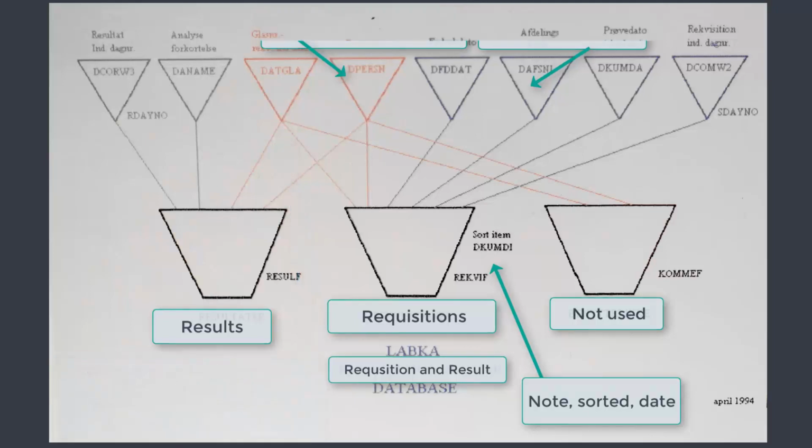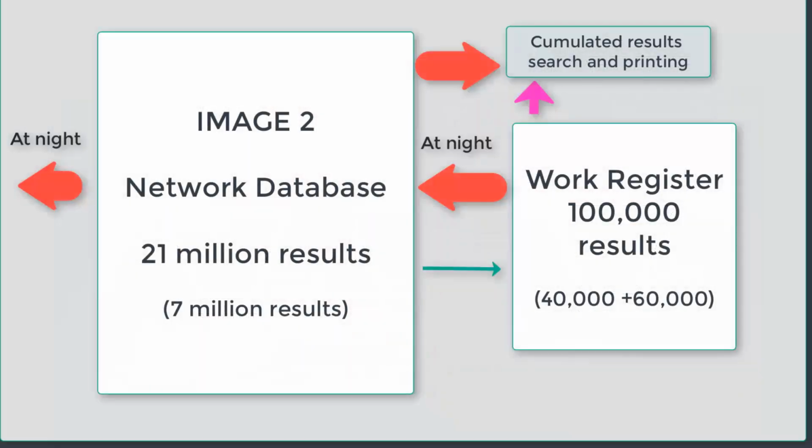A conclusion. In line with the above, the work register is particularly fast when it comes to creating data as well as entering data responses from online connections, but also for fast searching. Image 2 is quick to read out data and, as mentioned, can contain up to 21 million results.